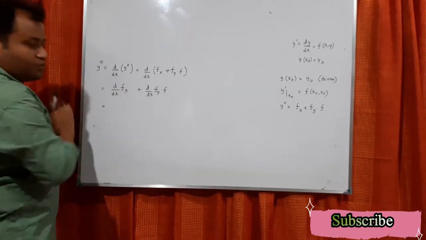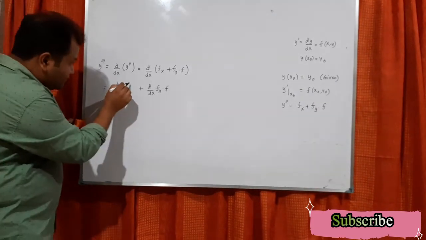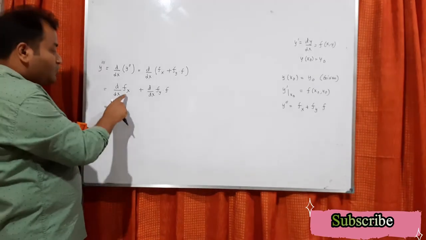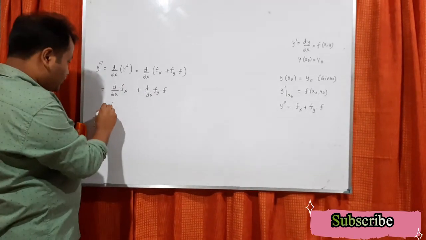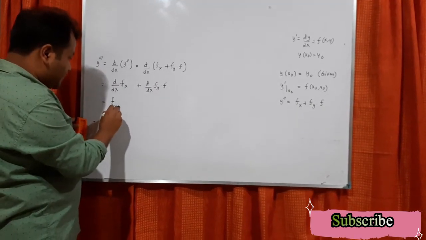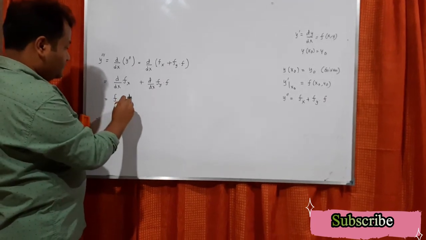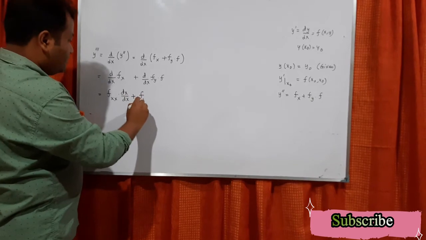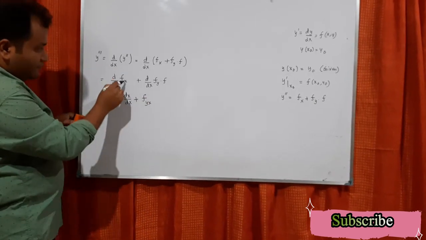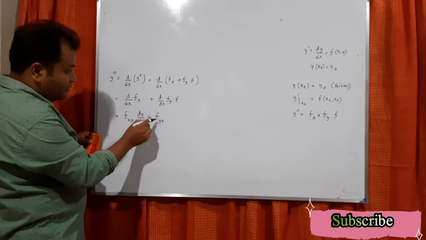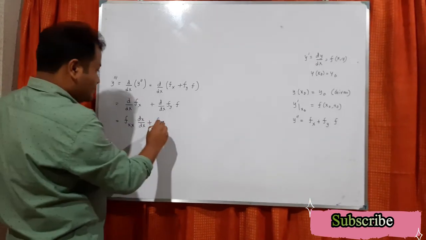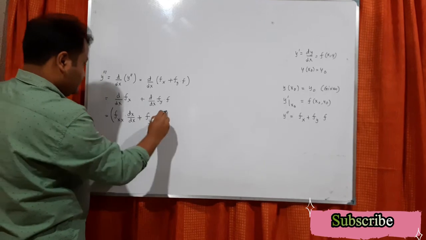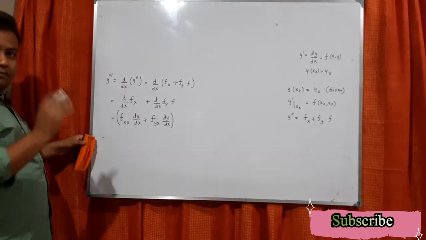Now look into the first one. This function you have to differentiate once with respect to x and once with respect to y. So it will be f_xx into dx dx plus f_yx into dy dx. This is the first term.